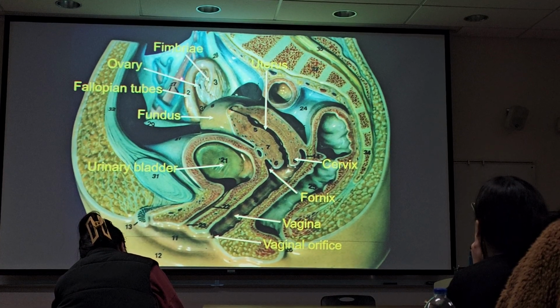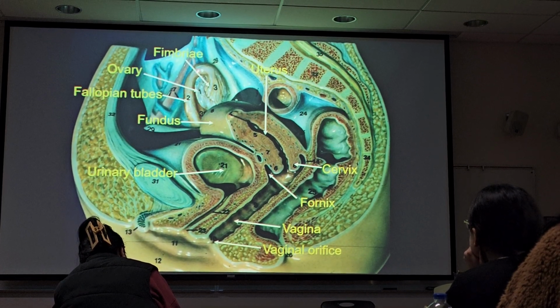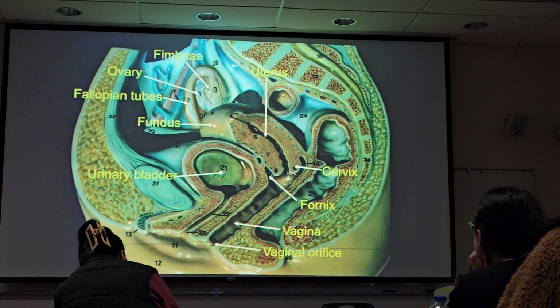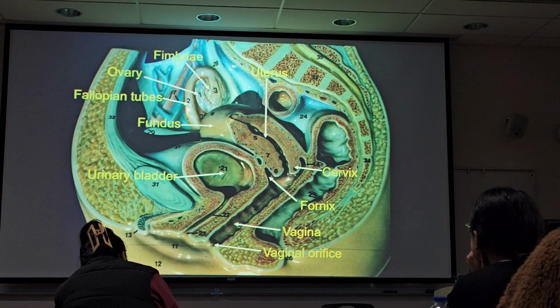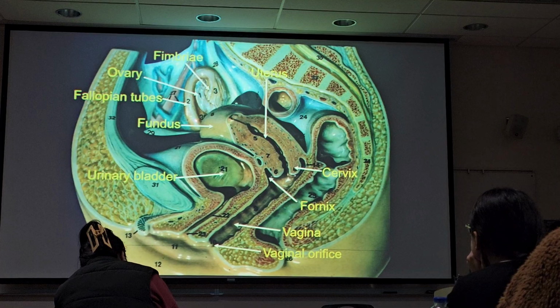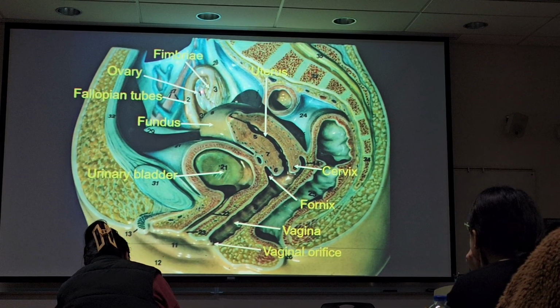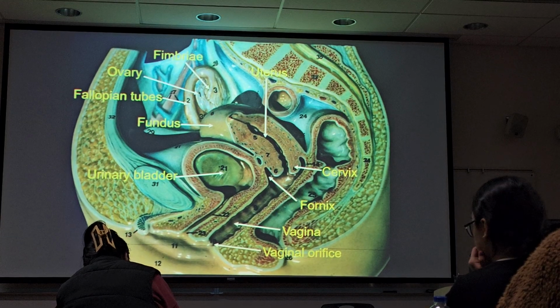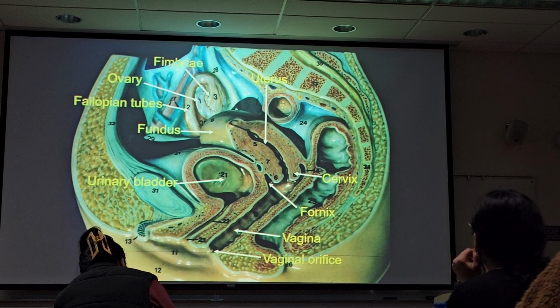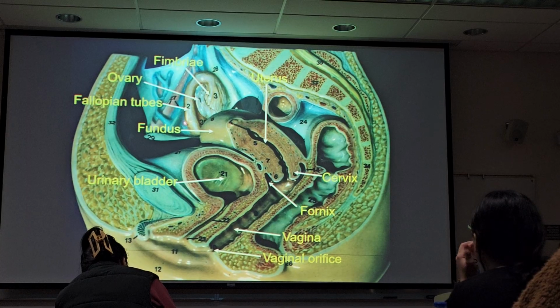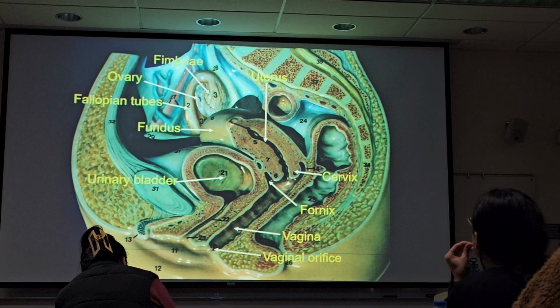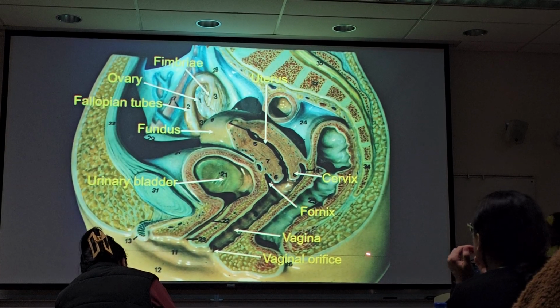Joining at the uterus are the fallopian tubes, also called the uterine tubes. They end in these fimbriae that rub up against the ovary in order to catch an ovulated egg and coax it into the fallopian tube. The opening to the vagina is the vaginal orifice.